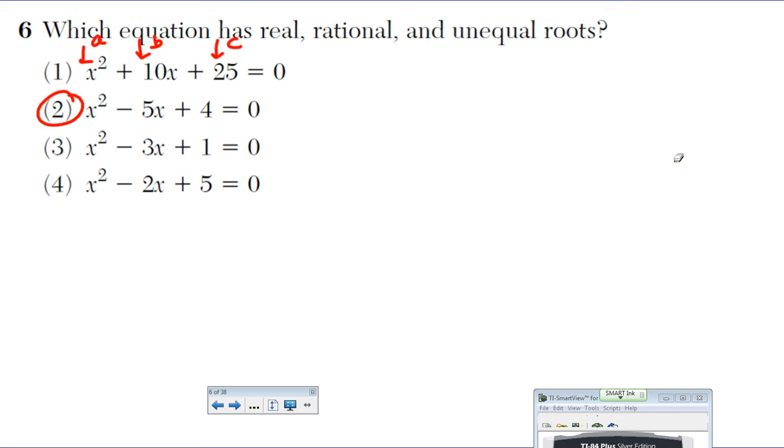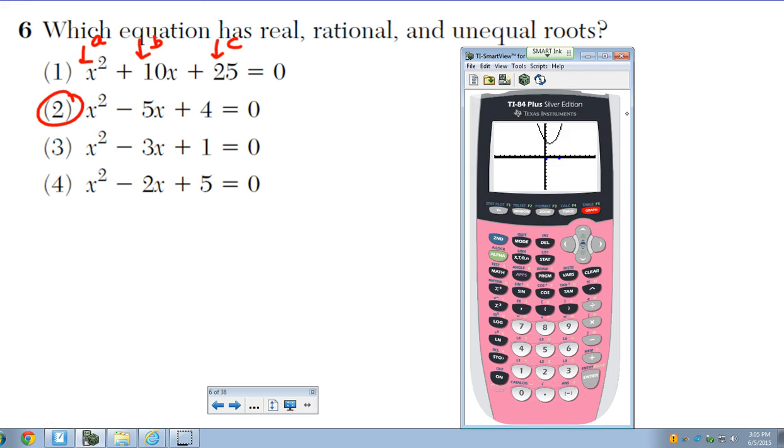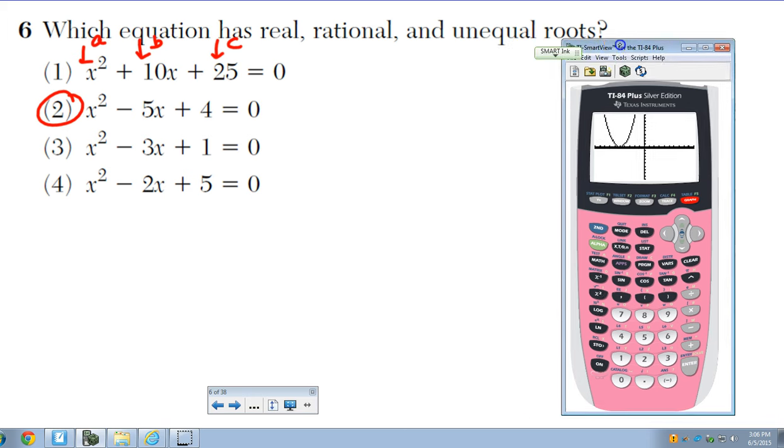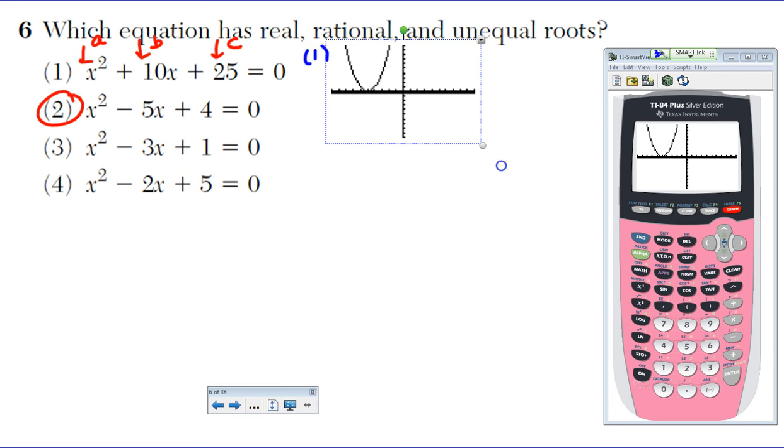Going back to the original problem, if I put in choices 1, 2, 3, and 4, here's choice 1. If your graph hits like this, where the turning point is on the x-axis, that is definitely equal roots. We want unequal, so it's not choice 1.